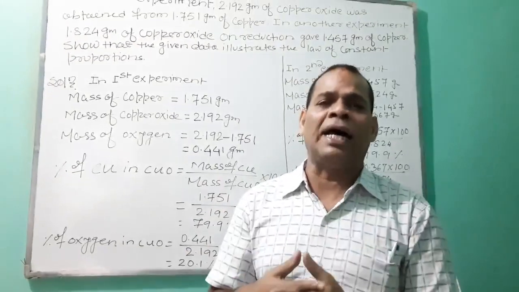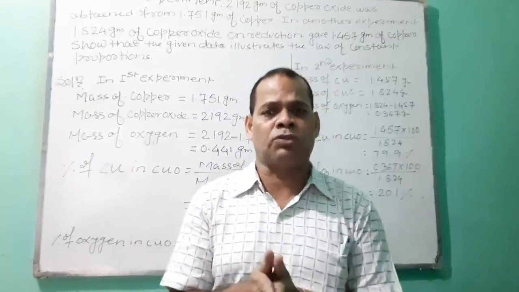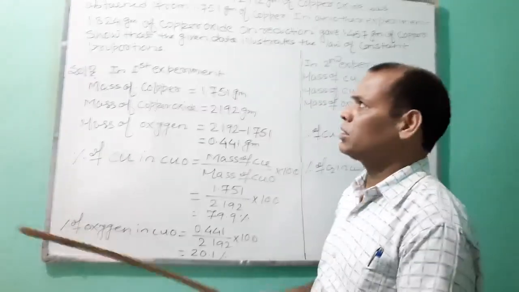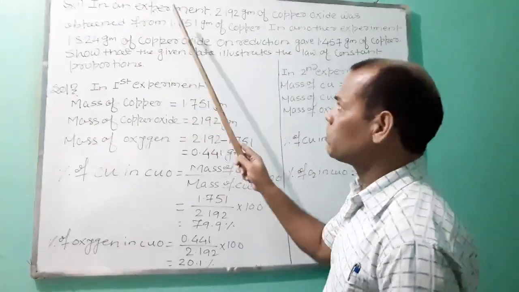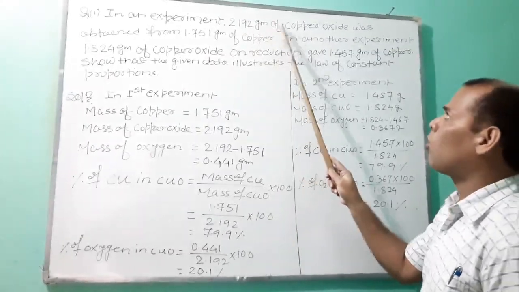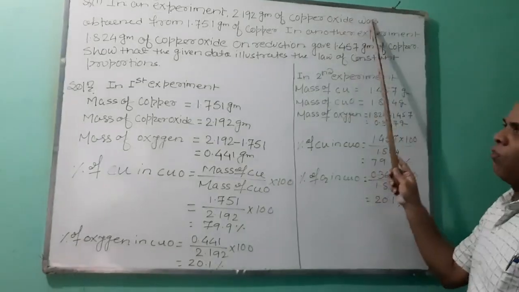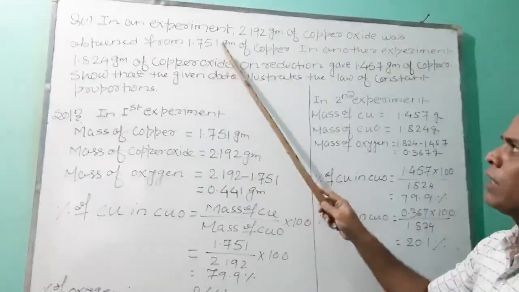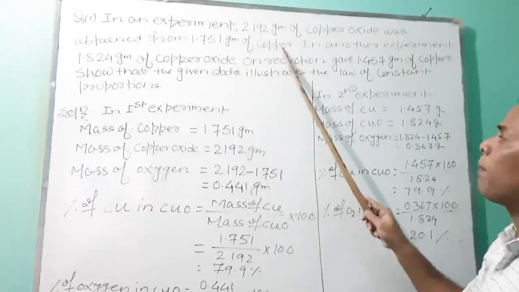So let us apply this law of constant proportion in solving a numerical. One question is here: in an experiment, 2.192 gram of copper oxide was obtained from 1.751 gram of copper.